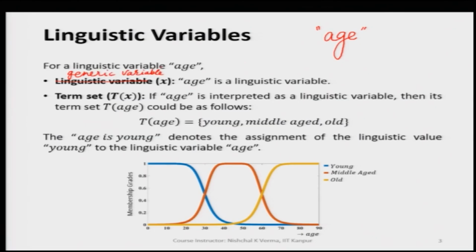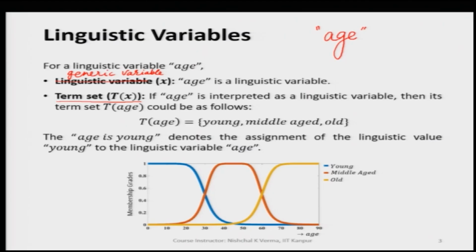and then here we have the term set T(x). For age we can have a term set, and this term set can be a collection of multiple linguistic values. When we say linguistic values, it means the fuzzy sets.